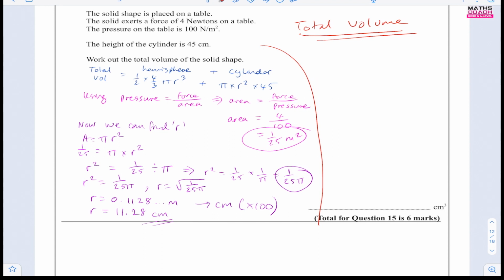So our total volume of our shape is going to be this hemisphere plus the cylinder, and we now know the value of our radius, so we can just go ahead and put that in. So a half times 4 over 3 times by pi times by radius cubed, so 11.28, plus the cylinder, which is pi times by radius squared, so 11.28 squared times by 45.